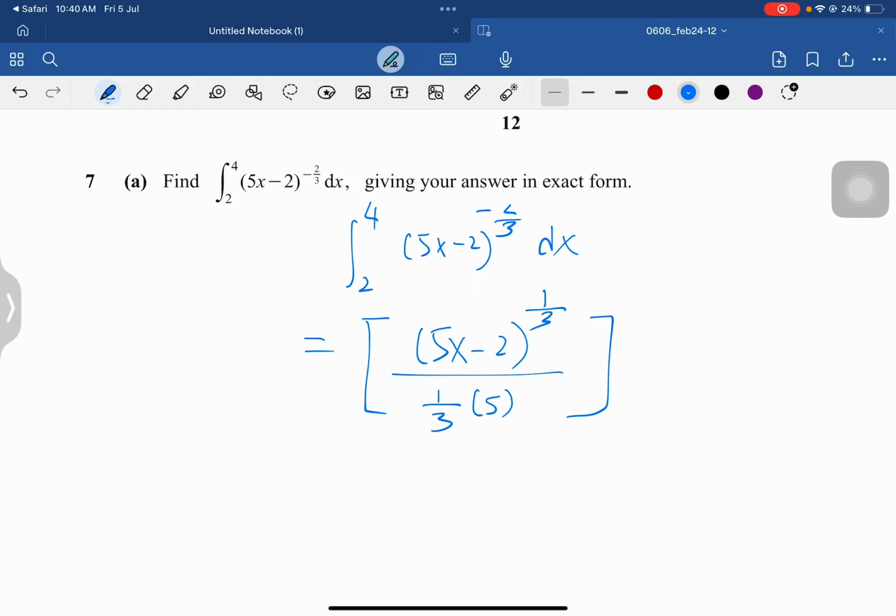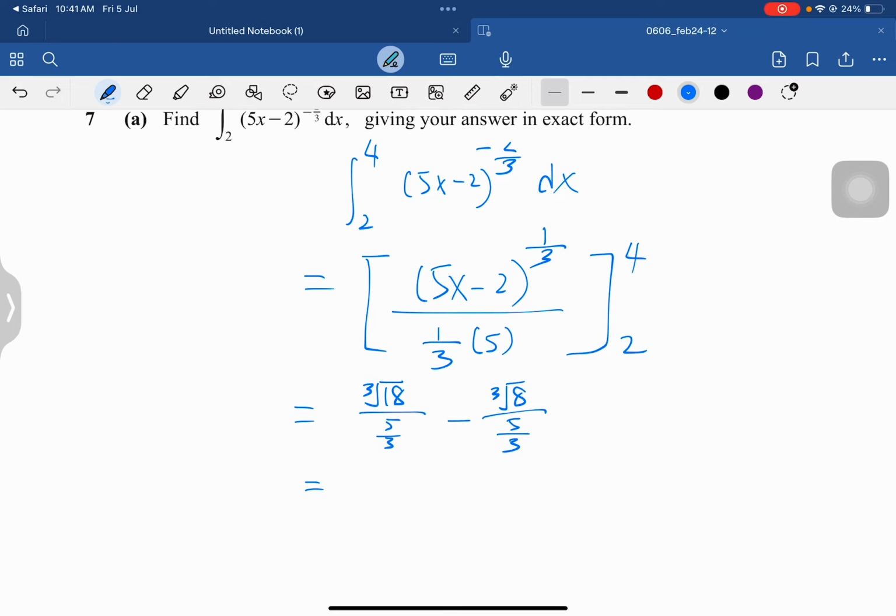Sub in from 2 to 4. Okay, you just have to understand here, 5 times 4, 20, 20 minus 2, 18, cube root 18 over 5 over 3, minus, sub in the 2 now, 5 times 2 is 10, 10 minus 2, which is 8, cube root, sorry, my bad, here I also missing a cube root here, cube root 8 over 5 over 3.